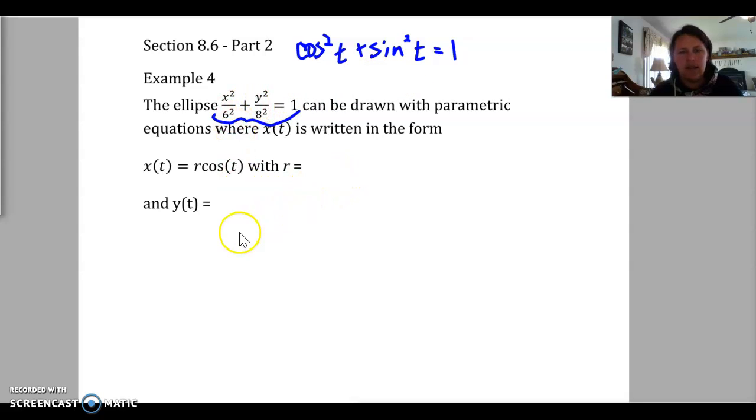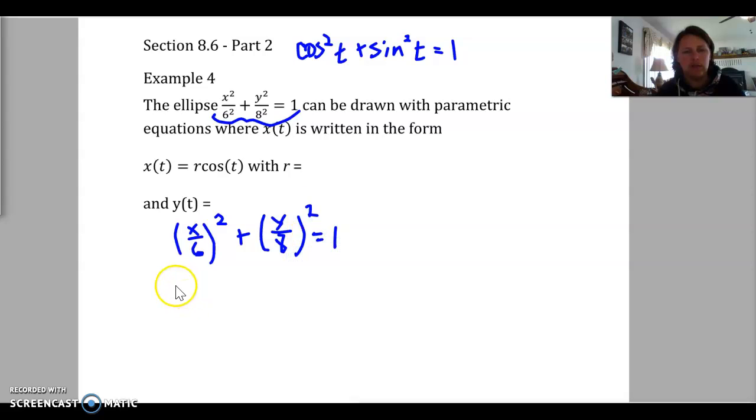So let's rewrite that equation of an ellipse: x over 6 squared plus y over 8 squared equals 1. Now let's write our Pythagorean identity down here: cosine squared t plus sine squared t equals 1.